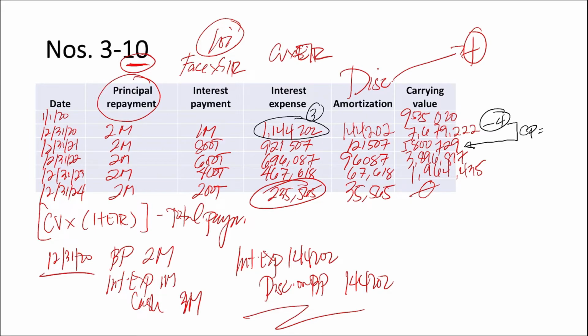So, to answer your number 5 question, 7,679,222 minus 5,800,729. Magkano yan? 1,878,493. So the current portion is 1,878,493.